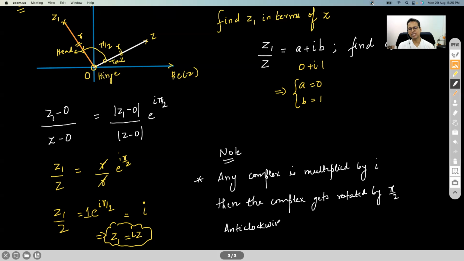Or you can say it moves to a new position which is at a 90-degree anti-clockwise location without changing the modulus. Without change of the modulus.